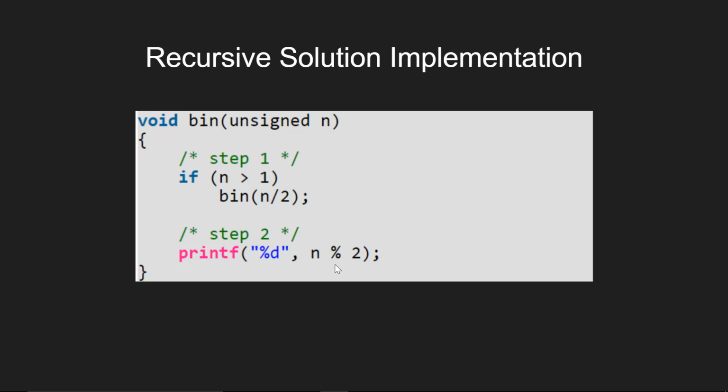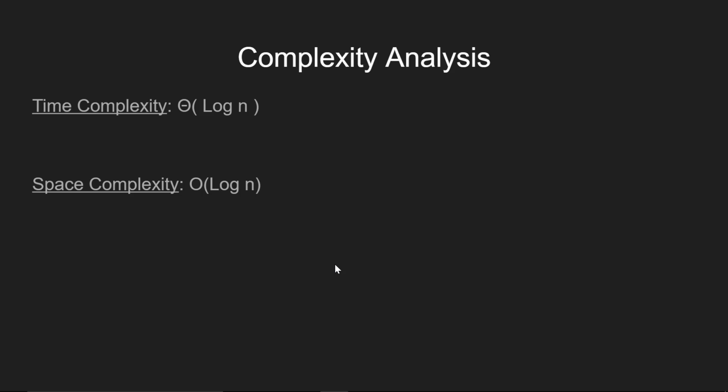Now can you guess the complexity of this approach? Here the recursive function calls itself for the number divided by 2. And dividing any number by 2 is actually equivalent to right shifting the number by 1. So we can say that the function calls itself a number of times equal to the number of bits present in its binary representation, and n has log n bits.